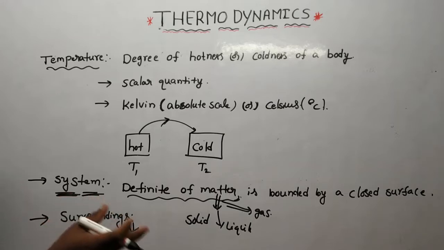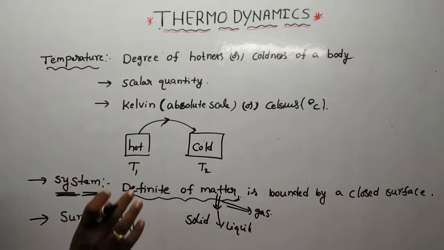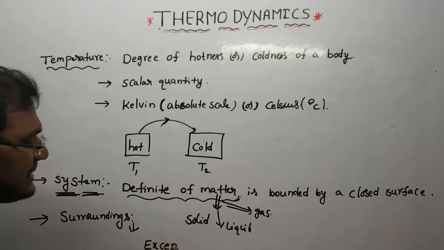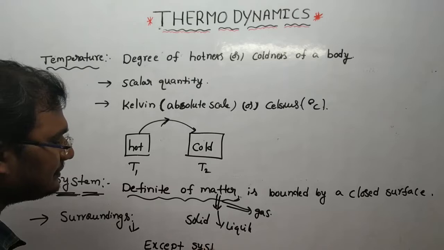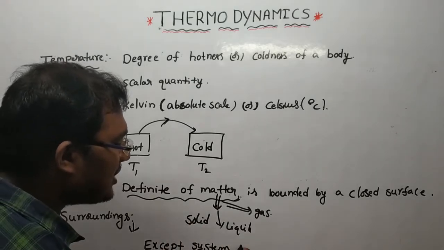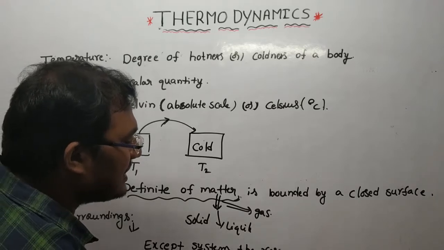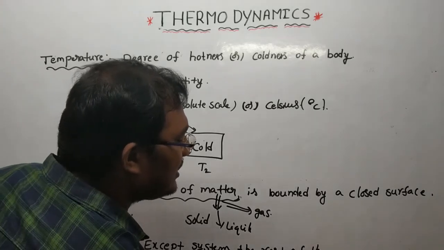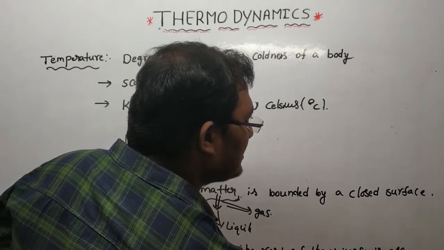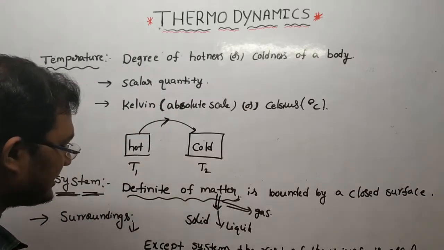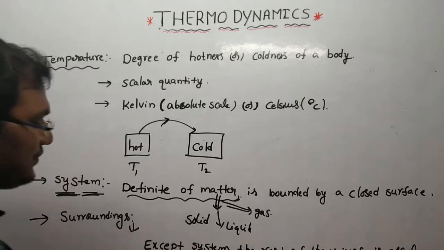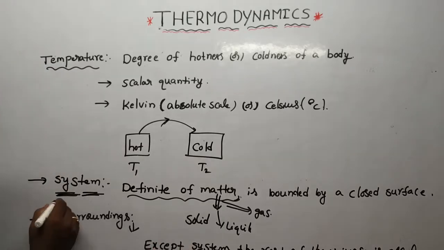Except the system, the remaining things in the universe are called surroundings, which have direct contact with the system.